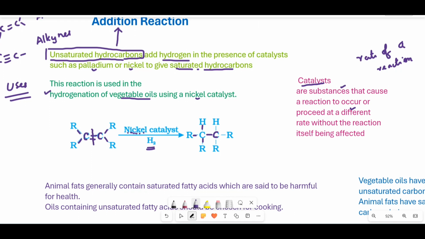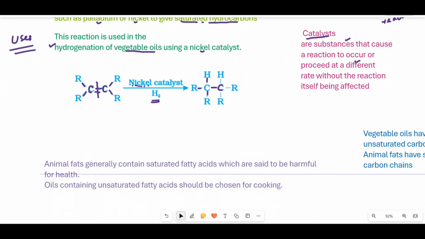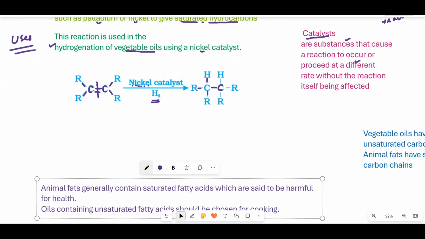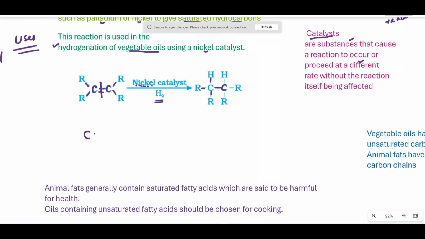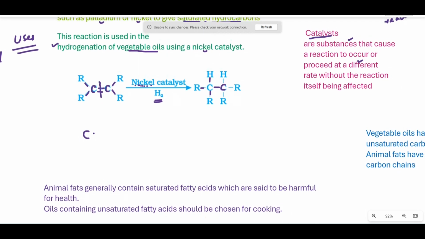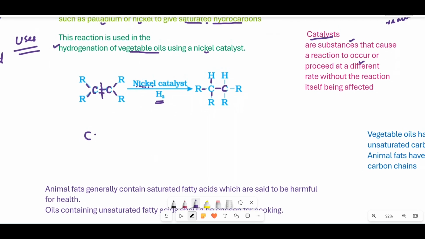For example, if you write this reaction with a simple compound like ethene, C double bond C. Okay, this is ethene, CH2, CH2.